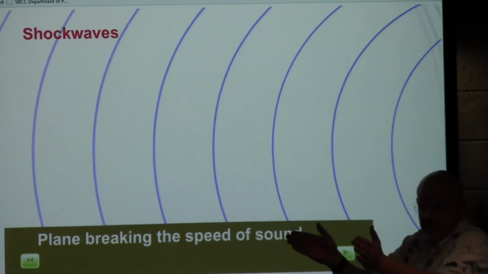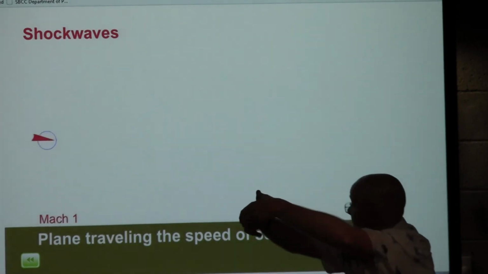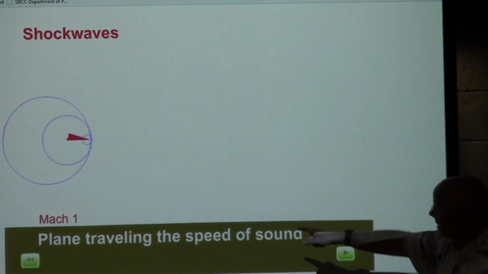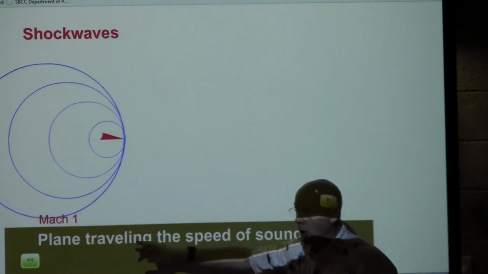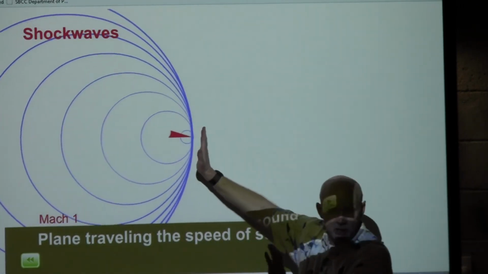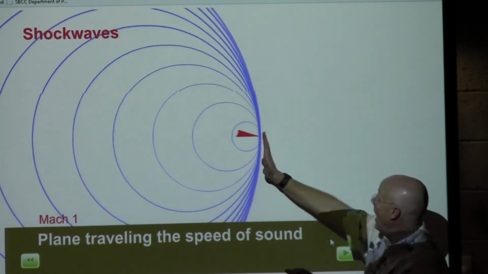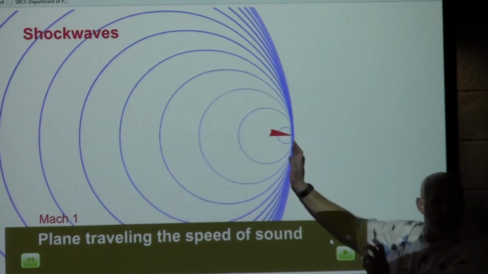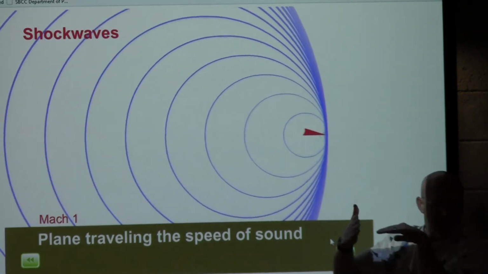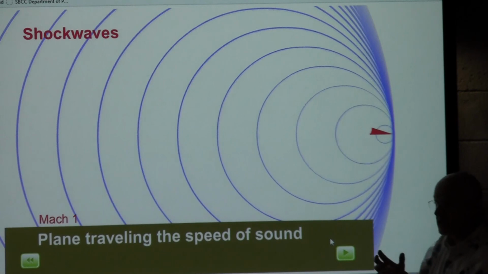I mean, this just looks like a V because it's two-dimensional, but if I had an airplane going faster than the speed of sound, as this, actually this is just Mach 1, all the waves would build up. You would have a superpositioning right here. This is where the high pressure would be. Terrible place for this plane to be because now it's got a big wall in front of it. So going Mach 1 is not a good situation.